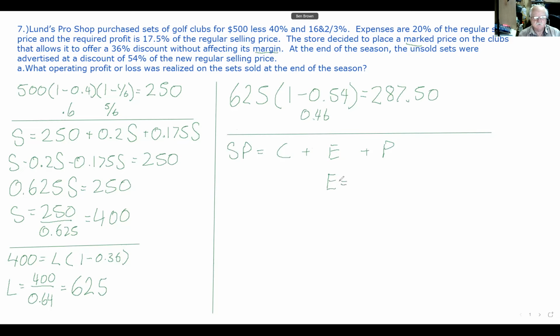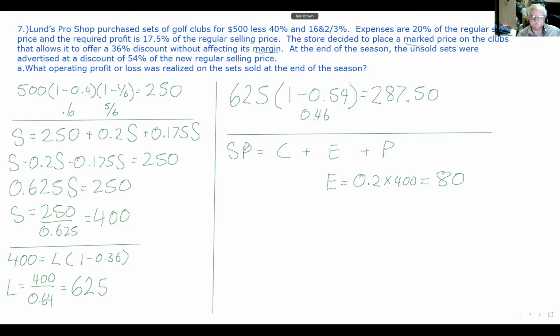Expenses is, what did they tell us? 20%, so 0.2 of the regular selling price, which was 400. I'm getting 80. So we can roll all these back into this equation and make sense of it.